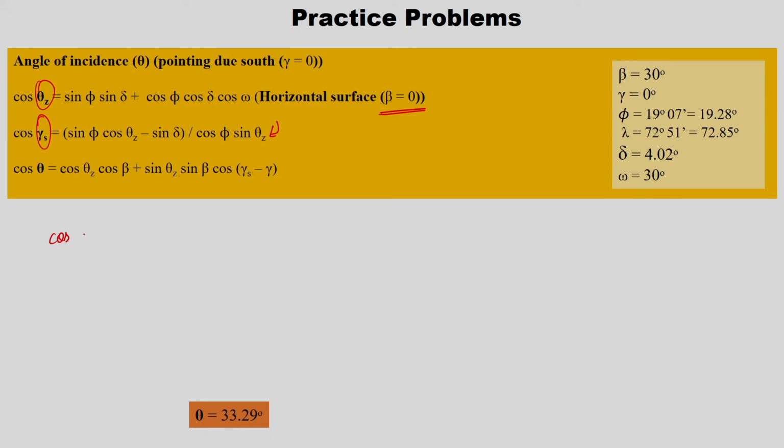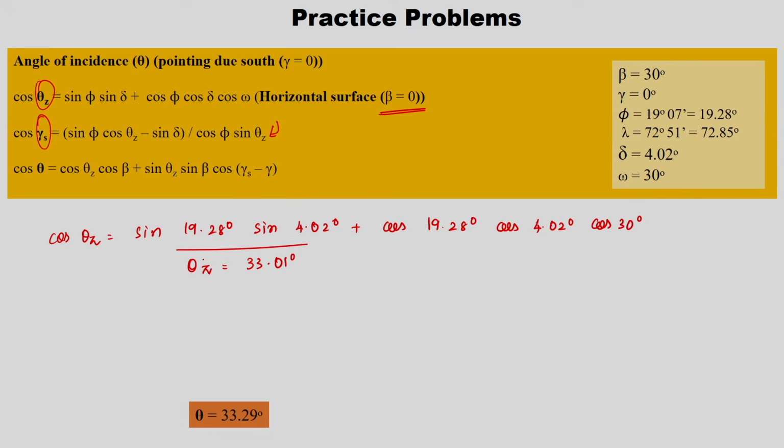So cos theta z, if you substitute, is sine of 19.28 degree sine of 4.02 degree plus cos of 19.28 degree cos of 4.02 degree and cos of 30. If you substitute, you get theta z as 33.01 degree.